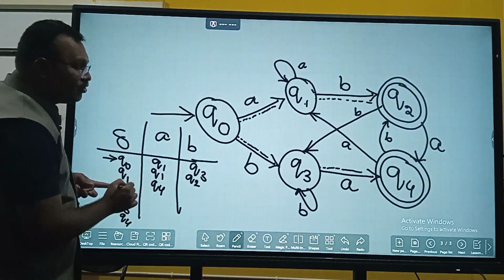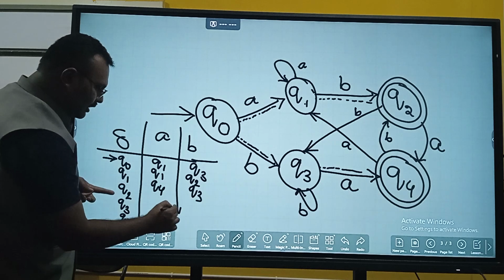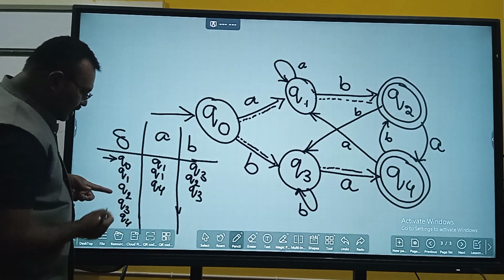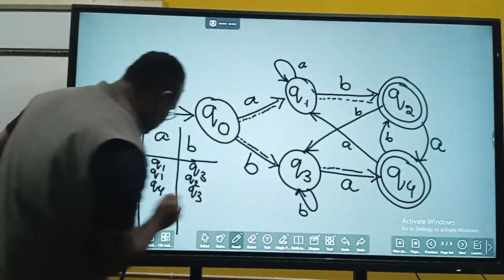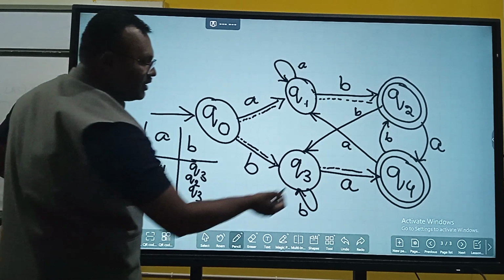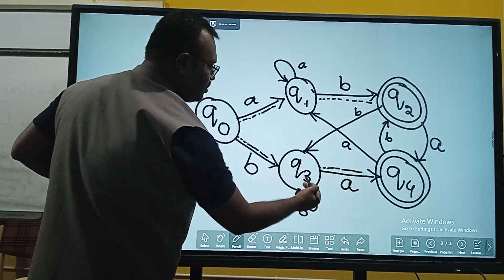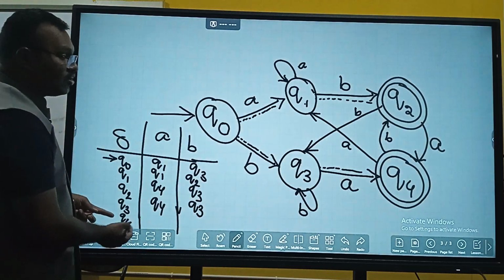Q4. Q2 on B is going where? Q3. And similarly, Q3 on A is going where? Q3 on A is going to Q4. Q3 on B is a self loop. So it is Q3 itself.